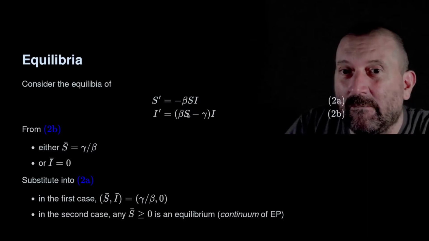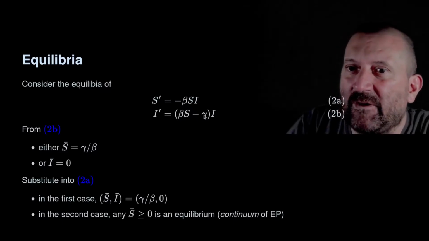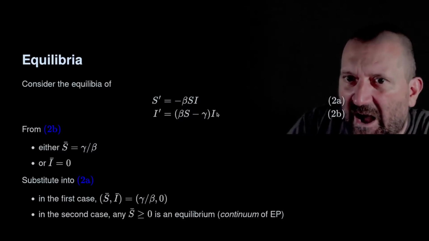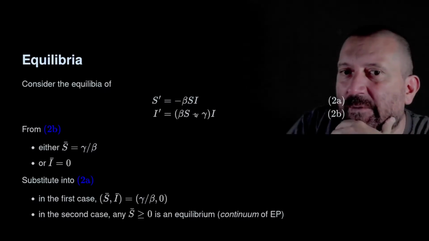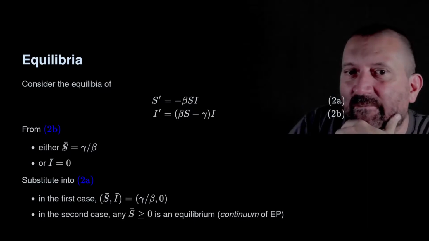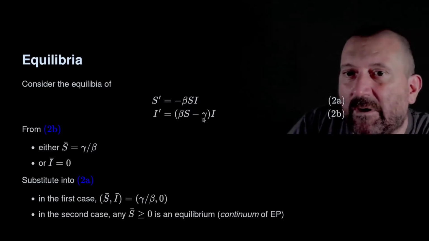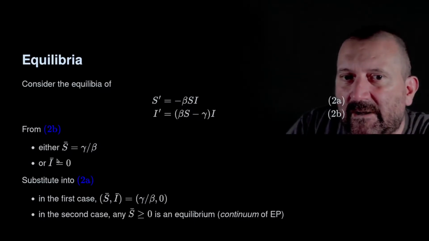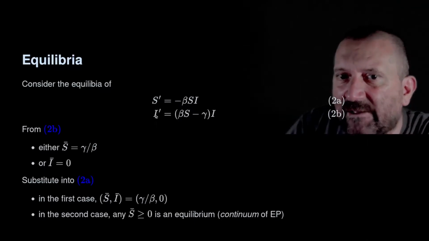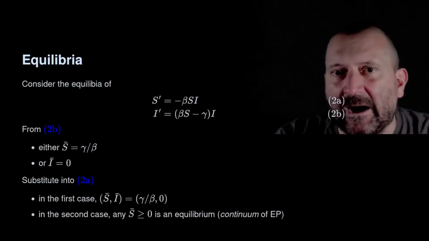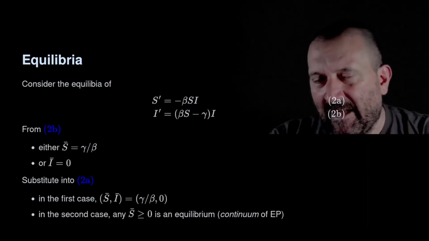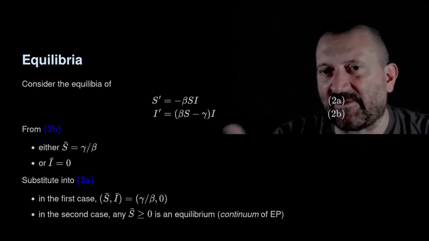So either beta S minus gamma is 0 or I is 0. Beta S minus gamma equals 0 means that S must be equal to gamma over beta. Now, if I substitute these values into the first equation, I'm looking for the S and the I such that S prime equals I prime equals 0.